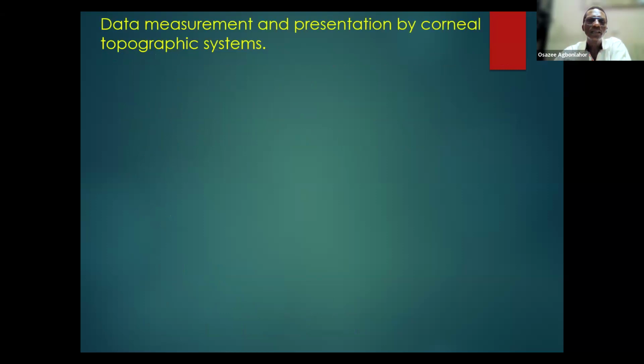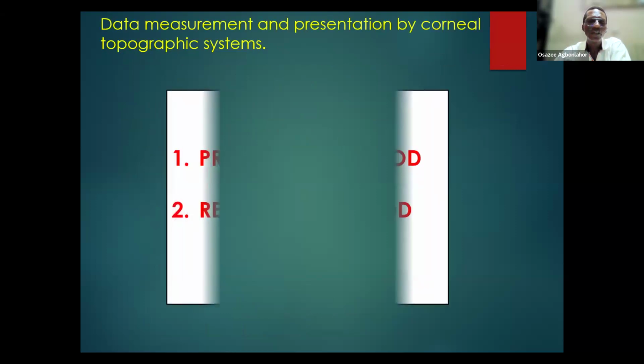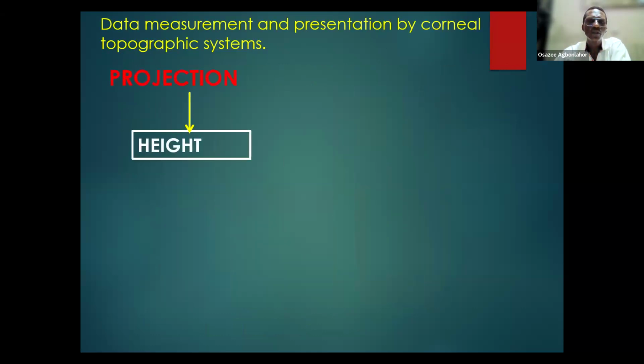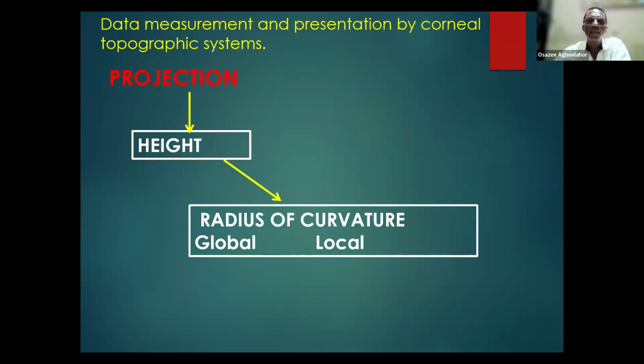All right, the data measurement and presentation by corneal topography systems. I've already mentioned these two methods, reflection and projection. So the projection actually gives you a height. That's very important. It gives you not only curvature, but information about the curvature based on height, and that height gives you curvature, both global and local.